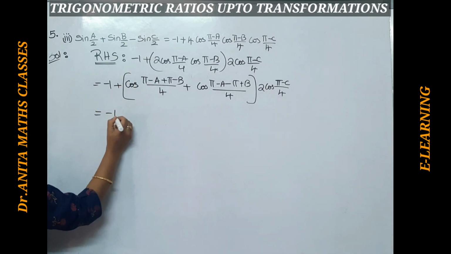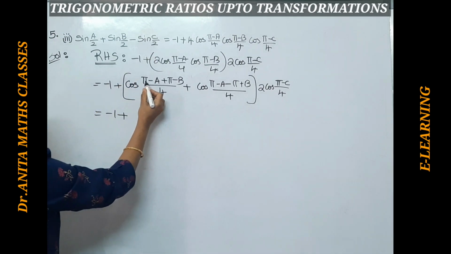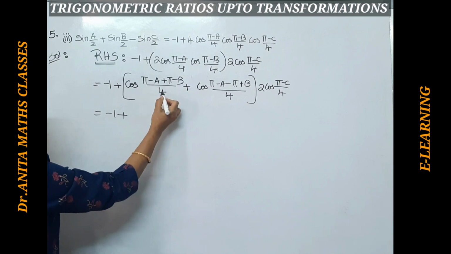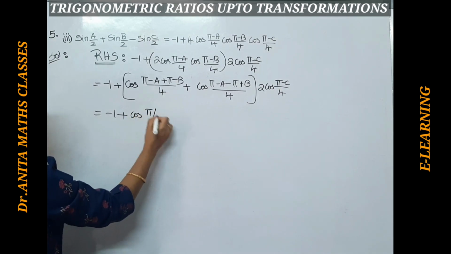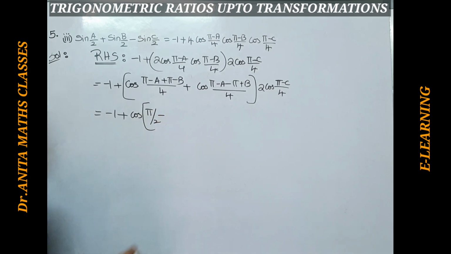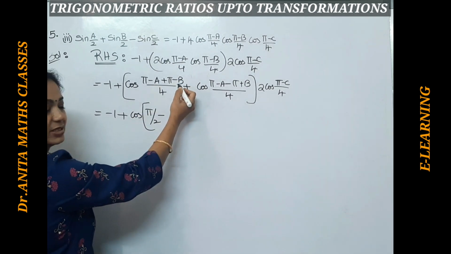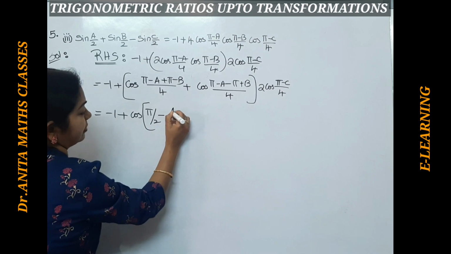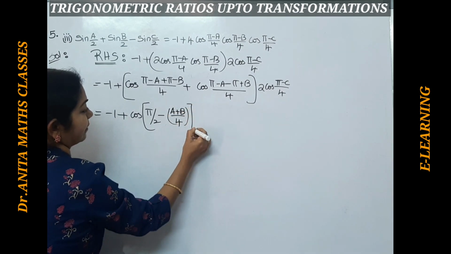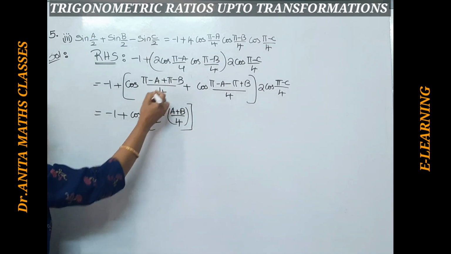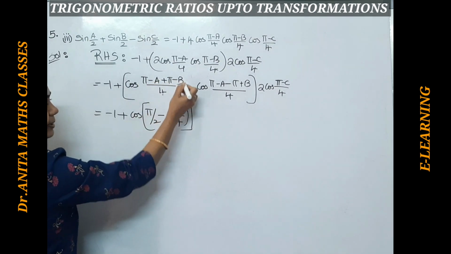Here again minus 1 plus, see here, 2 pi by 4, that is just pi by 2 minus a plus b by 4. So 2 pi by 4, that is pi by 2, minus, taking common, a plus b by 4.